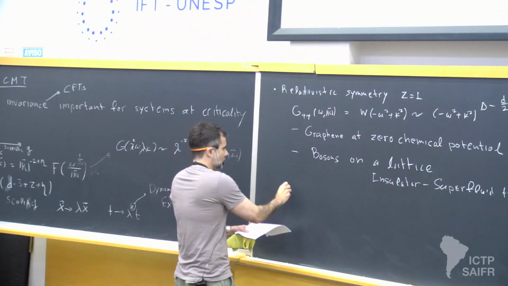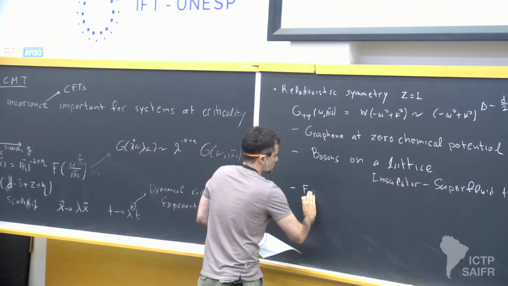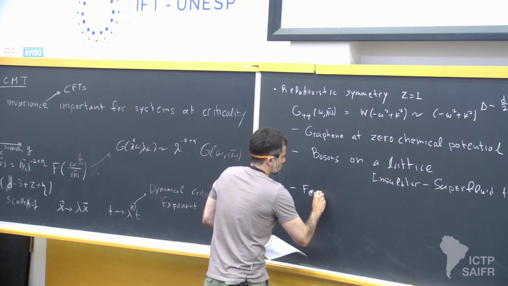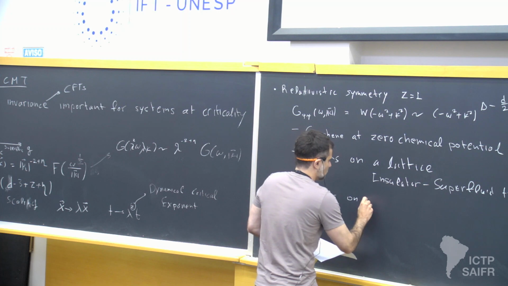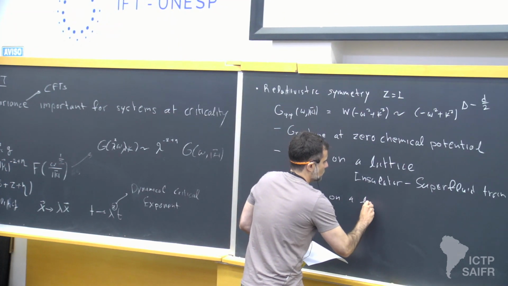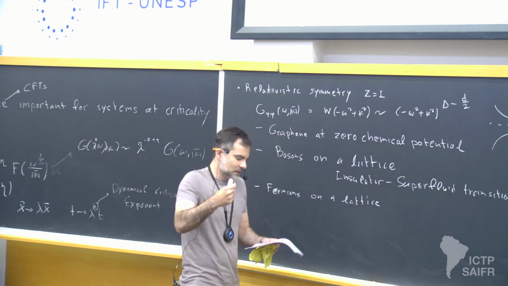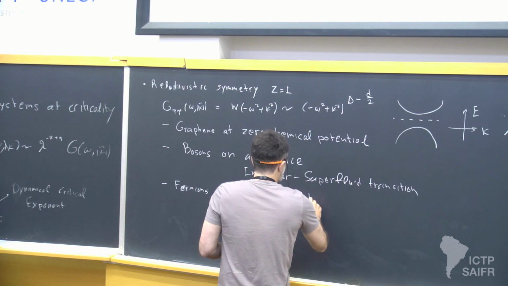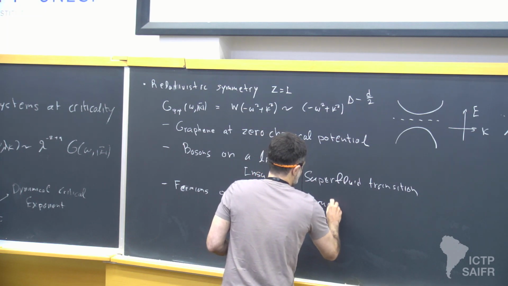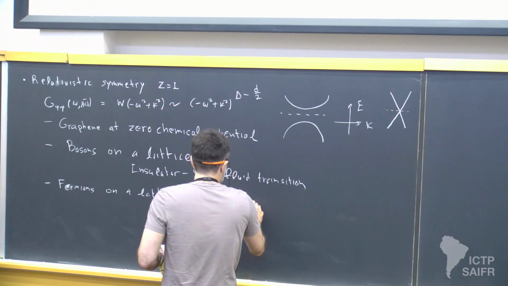Another case is fermions on a lattice. Massless fermions on a lattice. So this is basically just like graphene, but then at each lattice site, those fermions are interacting with an order parameter, which is the antiferromagnetic order parameter.